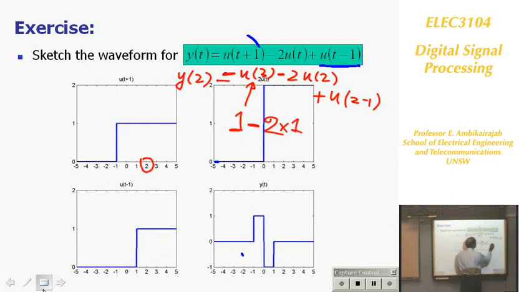So plus u(t-1): we go to this waveform, and 2 minus 1 is u(1). u(1) is 1. So what's the value at that point? We are evaluating at this point. That's 2, that's 1, 1 minus 2 plus 1 is 0. This is equal to 0. So you must see at 2, it will be 0. Yes, it is 0. Have you seen that?